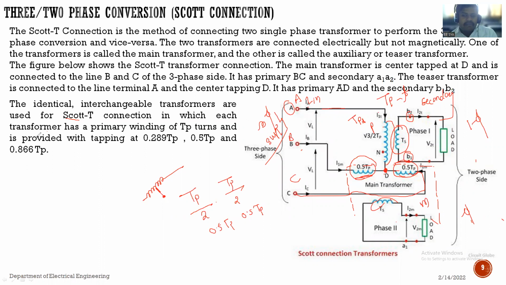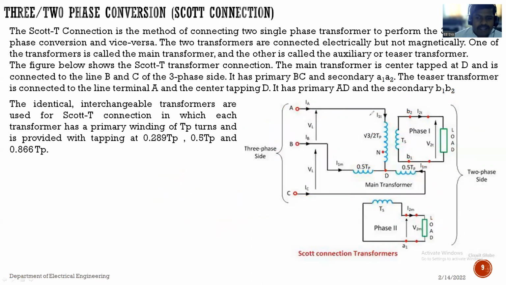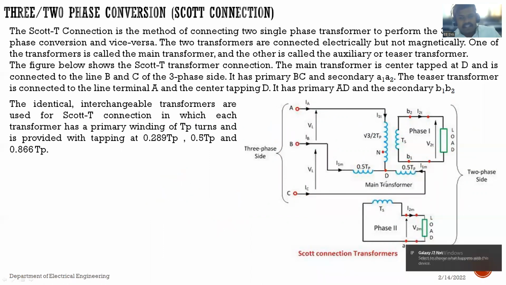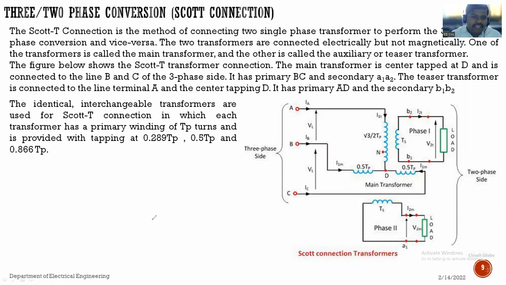That means there is tapping at 0.5 of the primary number of turns and at 0.866 TP. See this figure, this connection is like a T. So we can call it a teaser or Scott connection, or T connection.